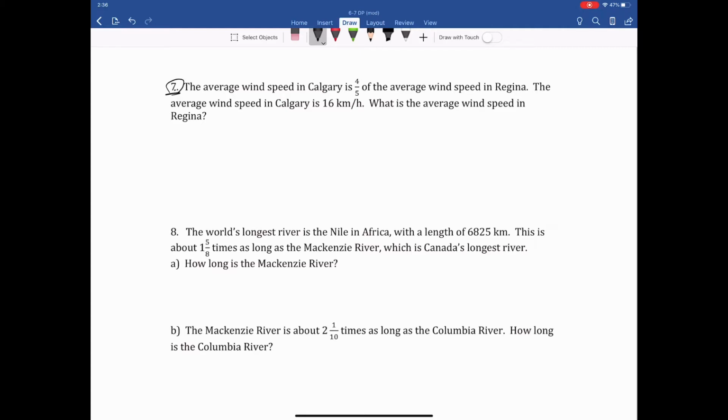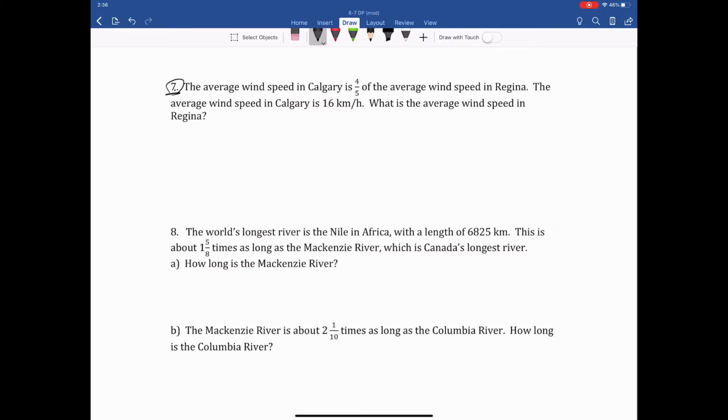So one way to look at these is just figure out which one's bigger and which one's smaller. I like to do that. It says the average wind speed in Calgary is 4/5 the average wind speed in Regina. So which is bigger between the two? Is it Calgary or Regina?